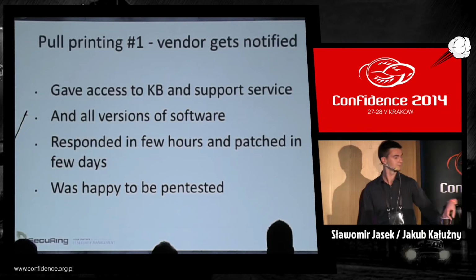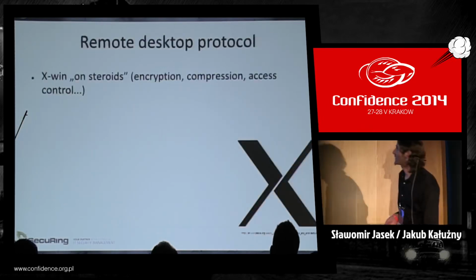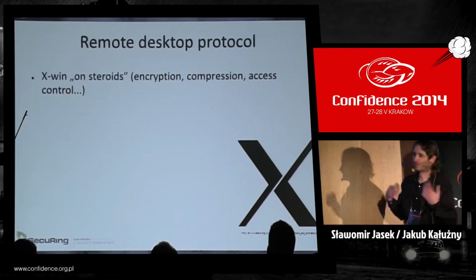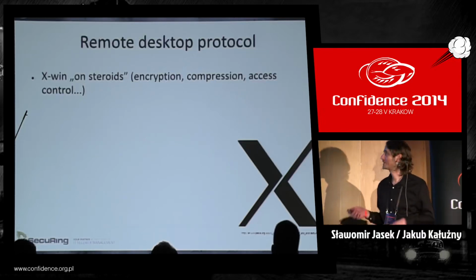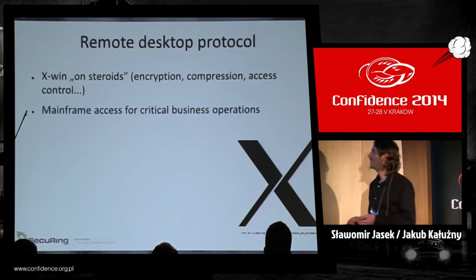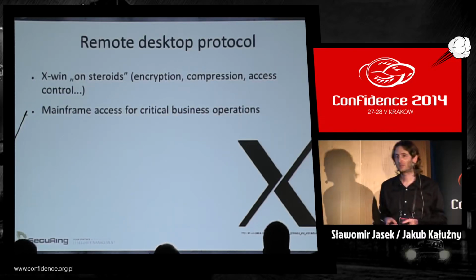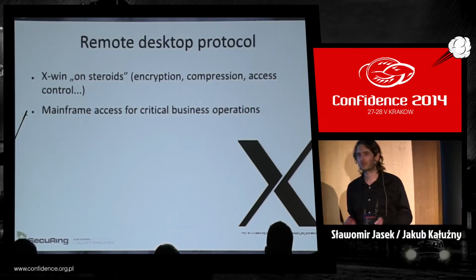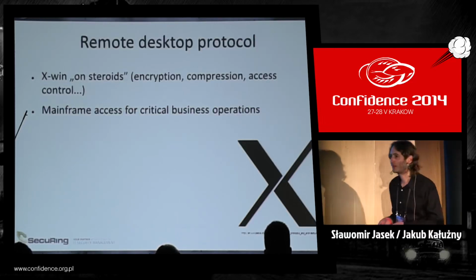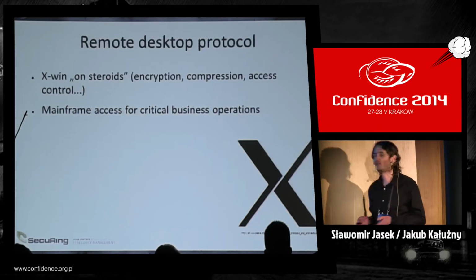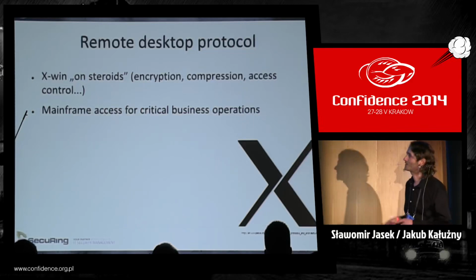Okay, your turn. As another example, we have a remote desktop protocol. It's some kind of additional layer on X Windows, adding encryption, compression, access control, and so on. It's used mainly for graphical mainframe access for critical business operations, which must be properly secured. For example, it's used in the banking industry for forex trading operations.